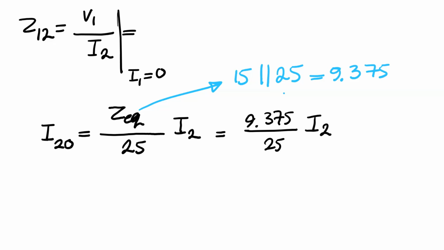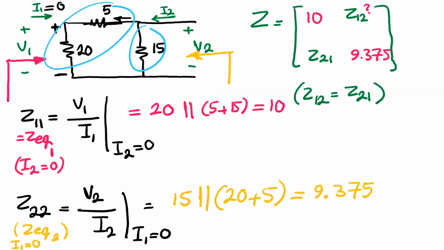The next step is that I have to describe my V1, which is the voltage drop across this 20 ohm resistor, in terms of the current that I found right now, and that's equal to 20 multiplied by that current.